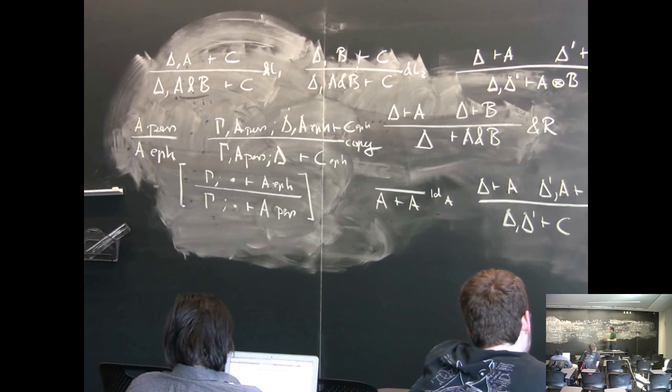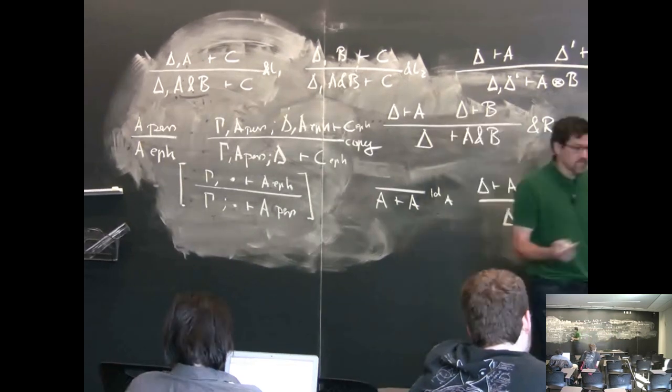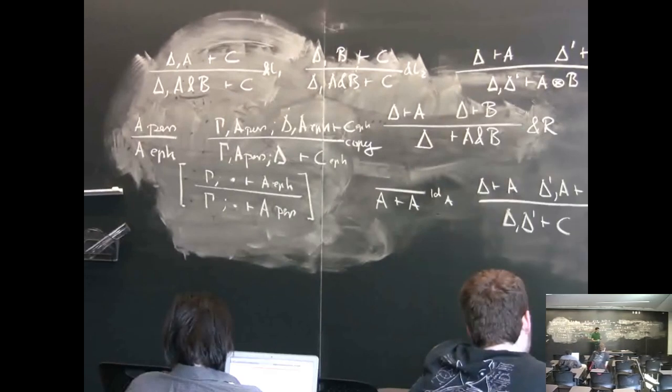So we do want to be able to express this idea of a persistent judgment also as a proposition. So we need to have a right and a left rule for it.